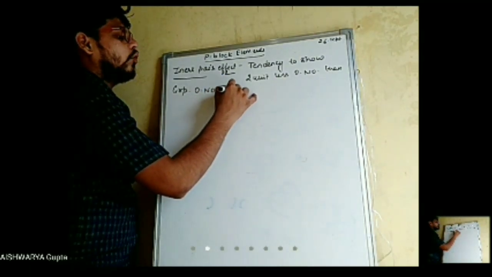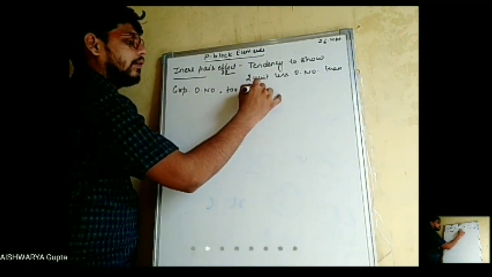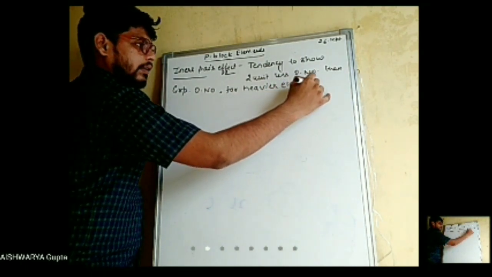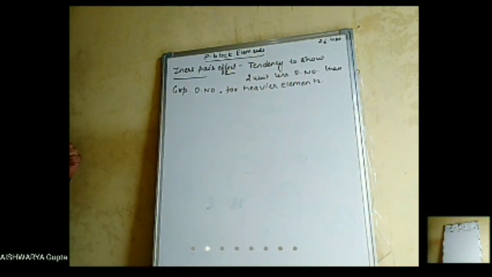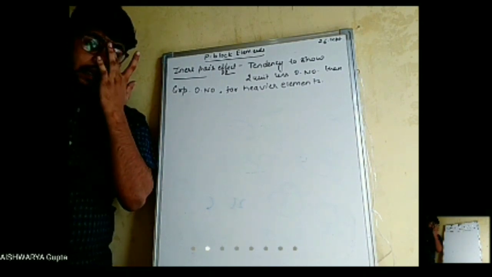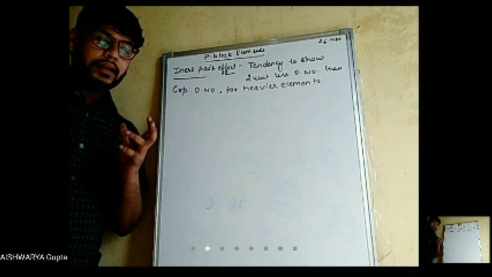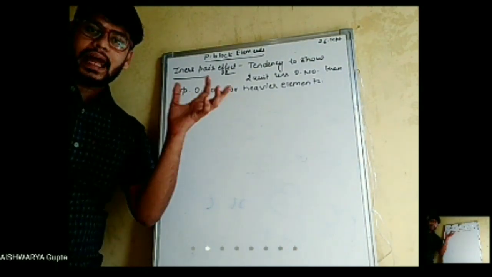I will add one more word, for heavier elements. I will be explaining the reason. Okay, this is the definition of inert pair effect: the tendency to show an oxidation number 2 units less than the group oxidation number for heavier elements.